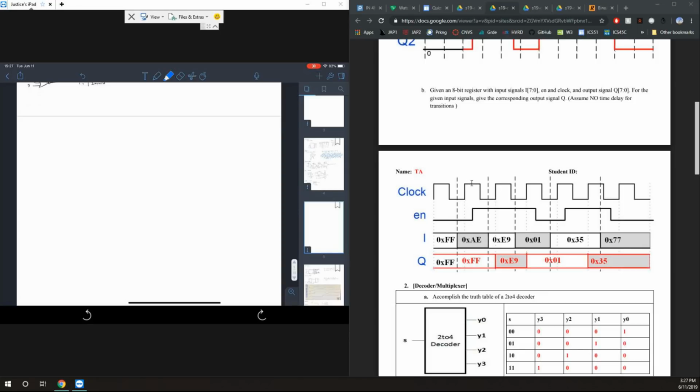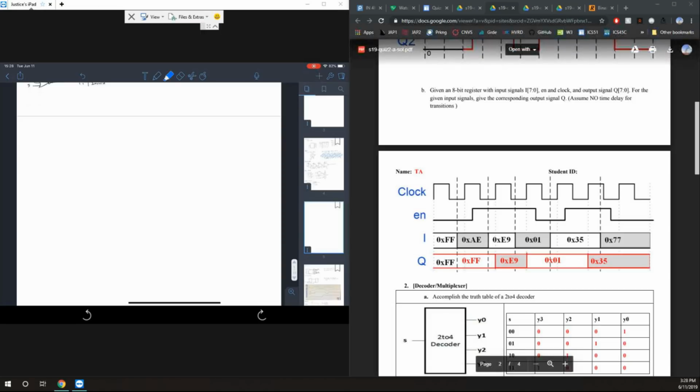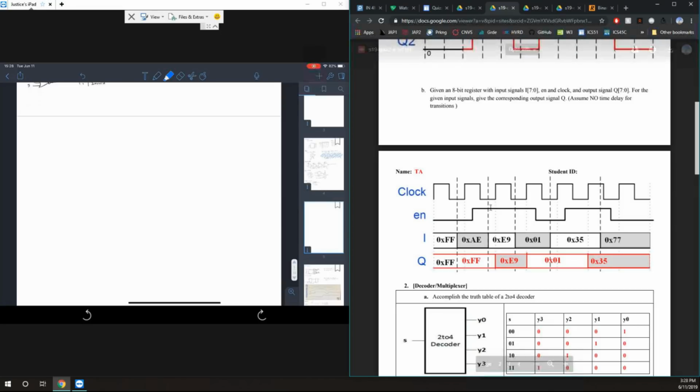This clock cycle is high, but it wasn't high when the enable was also high, so you don't do anything. Then now enable is still high and the clock signal turns high, and we just follow it down. Like when enable changes, it changes. With enable and clock, the enable needs to be on for it to have any effect.